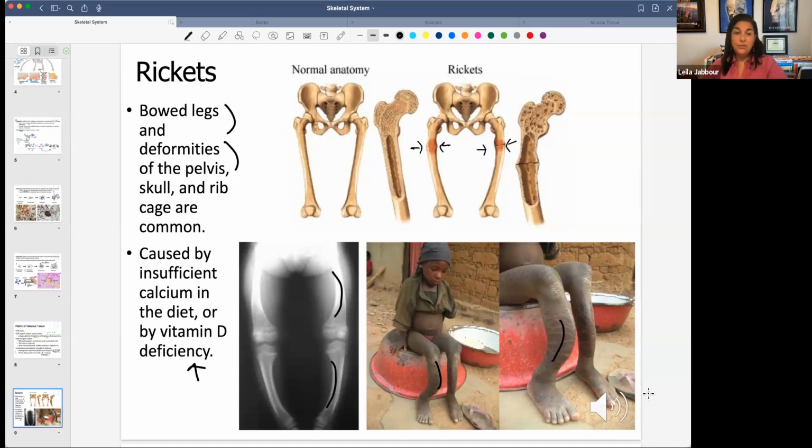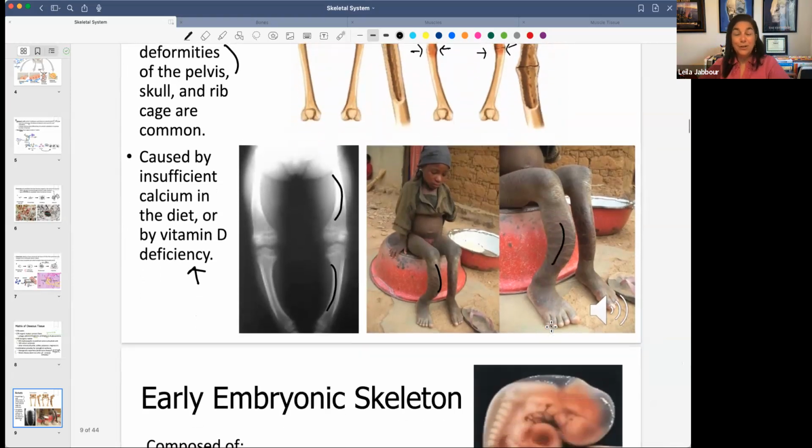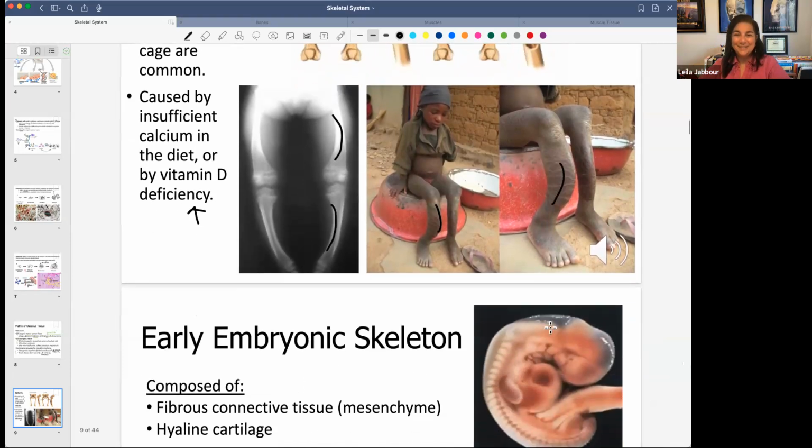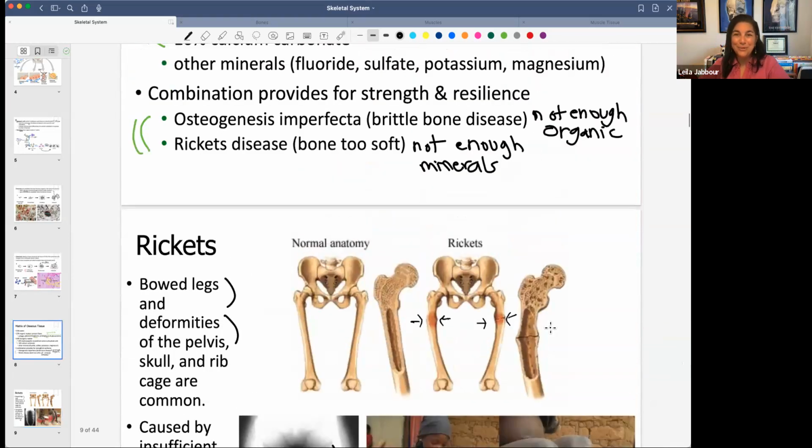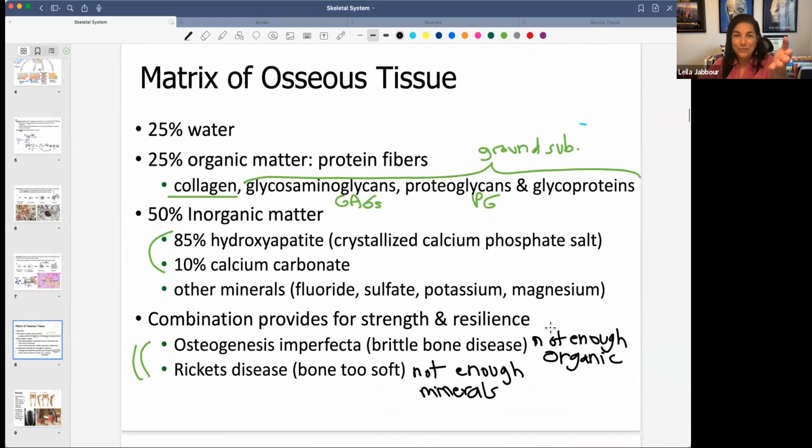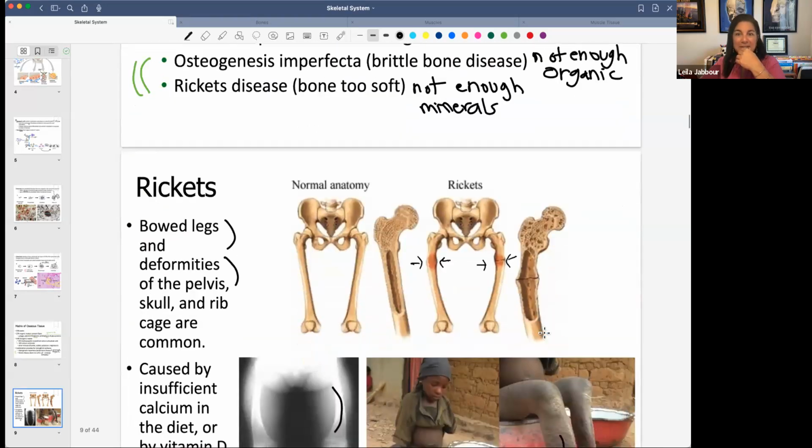So these two are the main causes of rickets. So now you understand why. That's why it's so important to understand normal physiology, and that way when you are presented with an abnormal content of this tissue, for example, it makes sense.